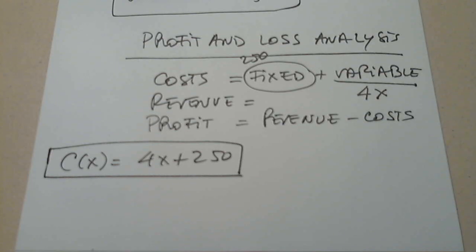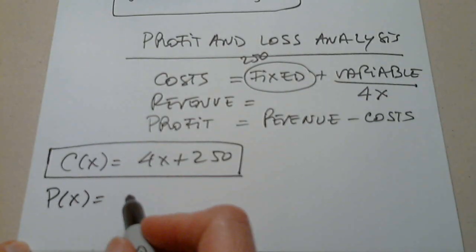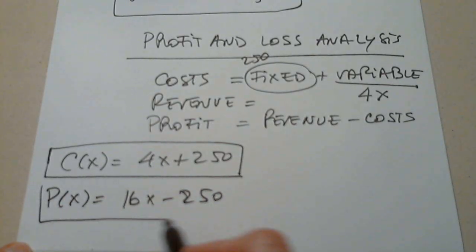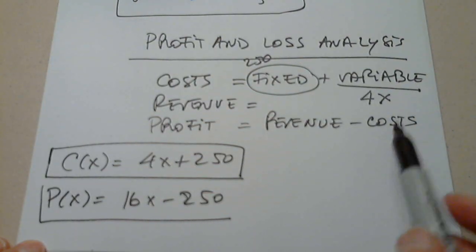The next step, he determines that the total profit function is given by, so they are giving us the profit function as 16x minus 250. Good, so we have the profit. Find a function for the total revenue. No problem whatsoever, because I know that the revenue, profit equals revenue plus cost.